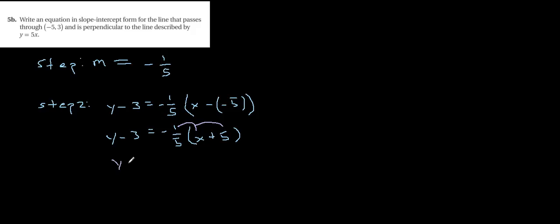So I end up with y - 3 equals -1/5x plus, well, -5/5, which simplifies to -1.